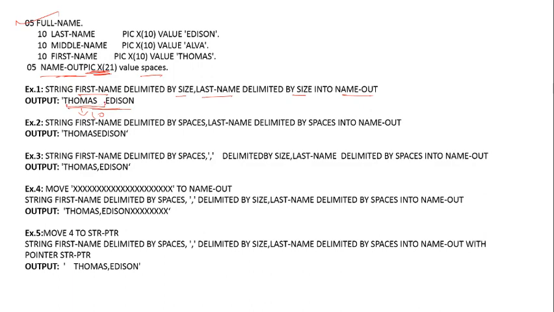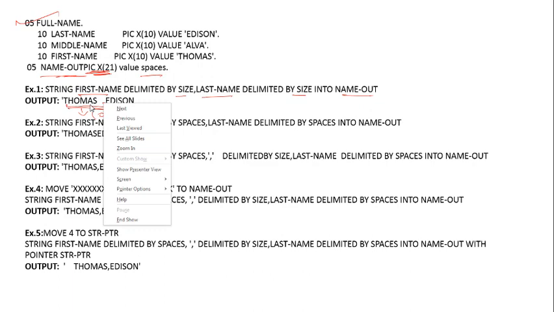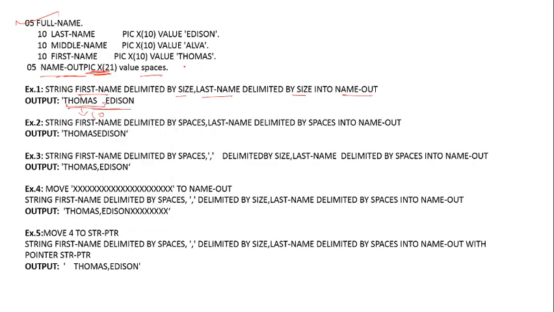You will see 1 2 3 4, these are 10 characters, and then this will become Thomas. They have given first Thomas and then last name is Edison, so Edison will come after 10 size.